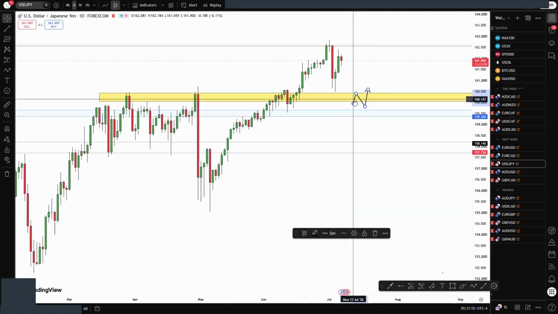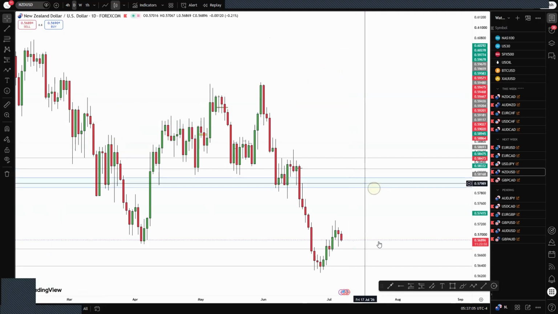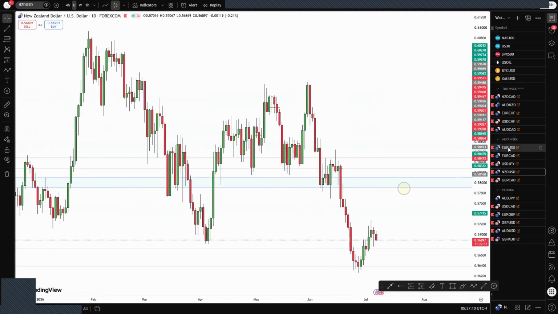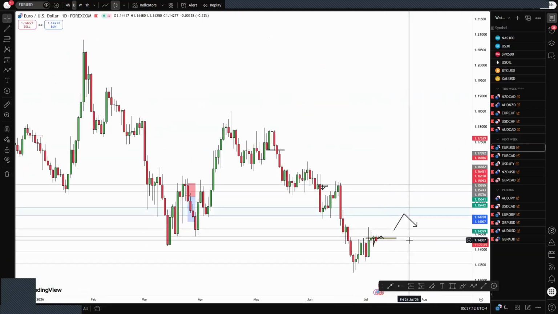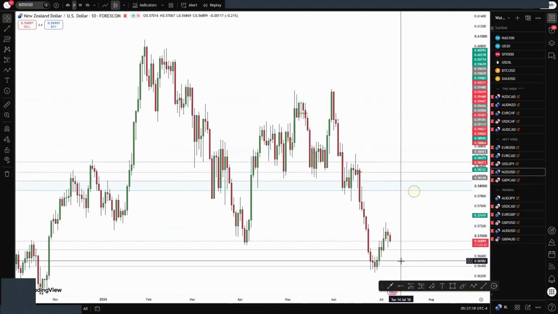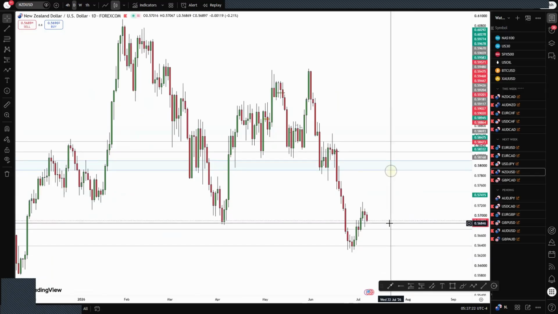Next is NZDUSD. I've been liking this retest, but let me do something. This shouldn't be here. I've been liking this retest. It's just been moving slow.